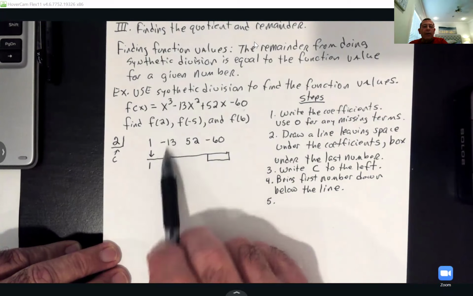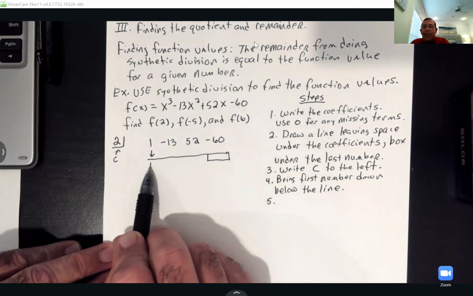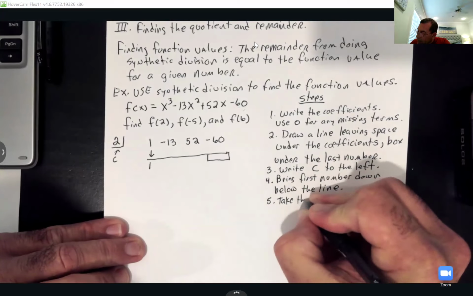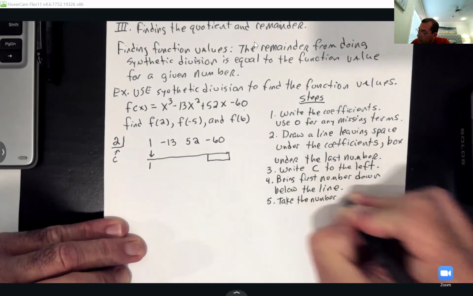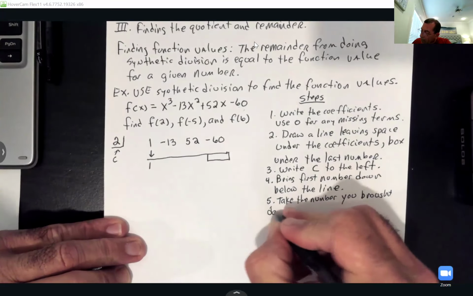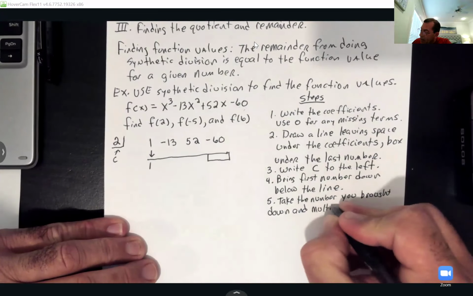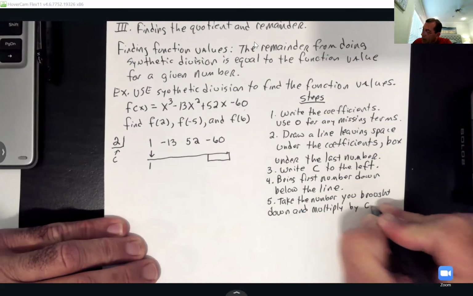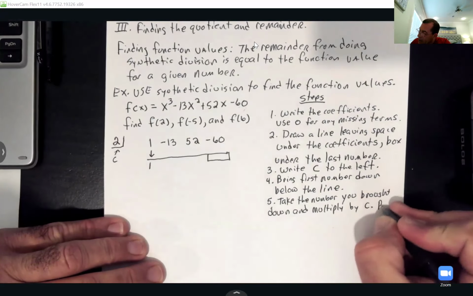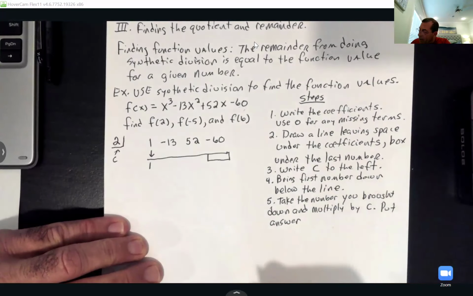And then we're going to do a process here. So to get what number goes under the negative 13, I take the number I brought down and multiply by the C. So we're going to multiply by C, which is 2. Once I get that answer, we're going to put the answer into the next column.